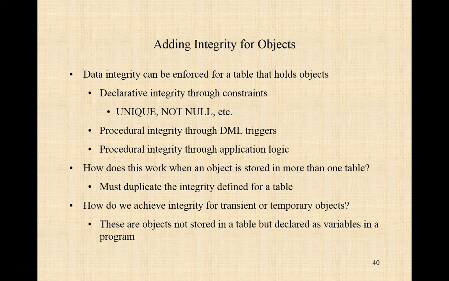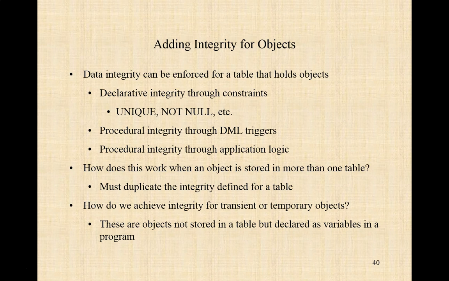This would be a temporary or transient object. These objects are never given persistence. They are created within the working storage of an application as that application runs, and when the application terminates, these objects cease to exist. So what we really need, if we're addressing integrity, would be to incorporate some kind of integrity mechanism at the object level rather than at the table level.